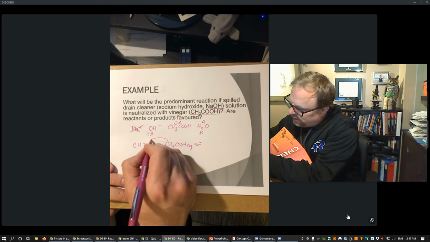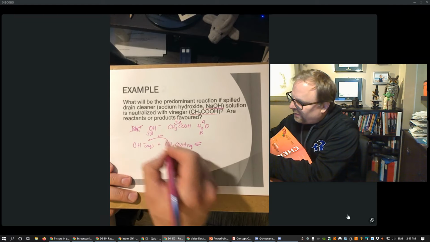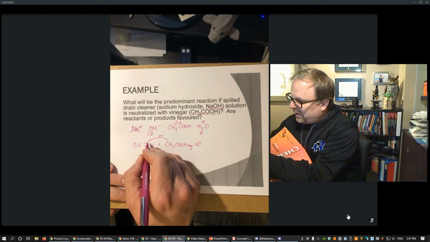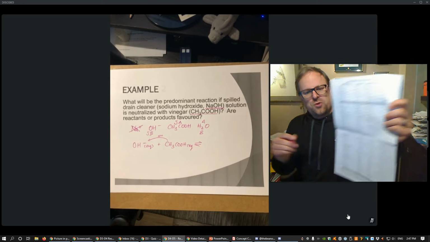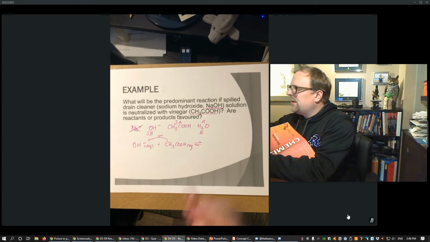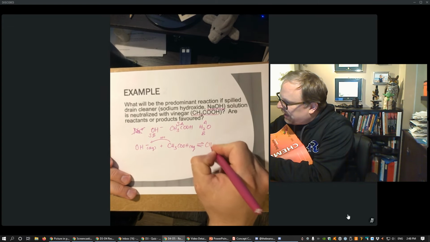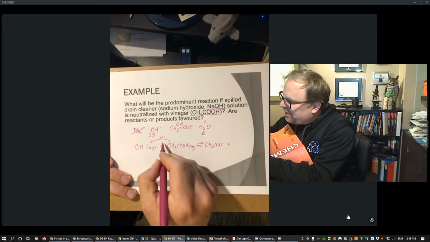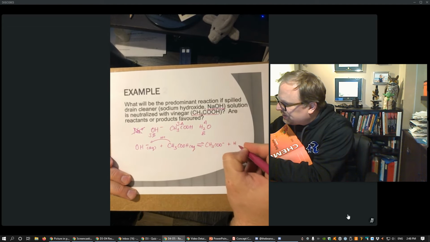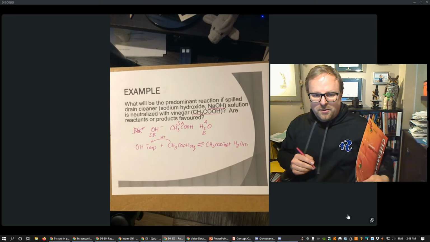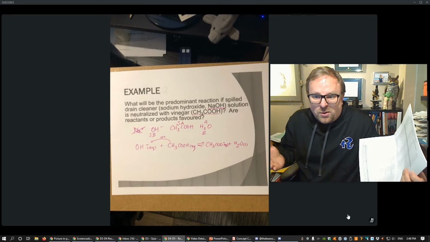So there is a proton coming across from your strongest acid to your strongest base in this reaction. That means your strongest acid turns into its conjugate base, and I know you can't read that, but its conjugate base is CH3COO-. And your strongest base turns into its conjugate acid, which in this case is H2O.